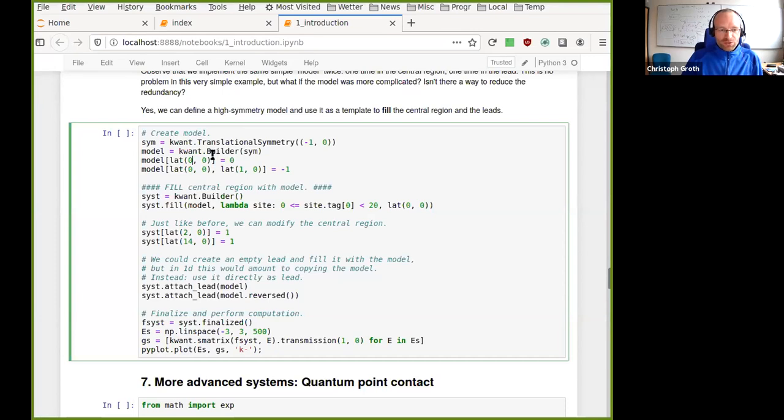For example, this allows me to create a lead. But such a system with translational symmetry, we could also use it to fill some region of space. And indeed, such functionality is present in Quant.